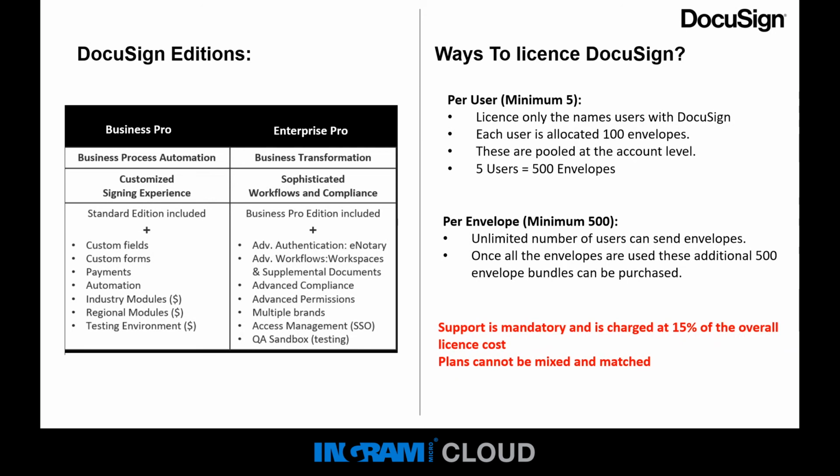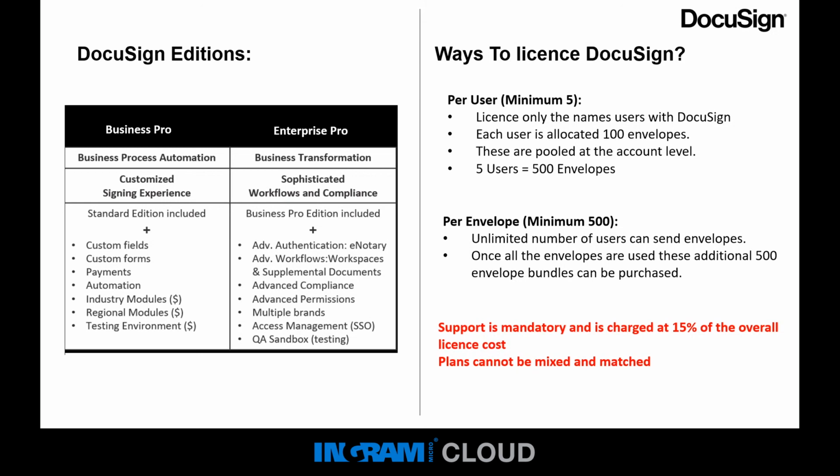If you need multiple branding in the portal, again, you're going to need the Enterprise Pro route. And also, if you need single sign-on into applications, then Enterprise Pro is the product you're going to need.